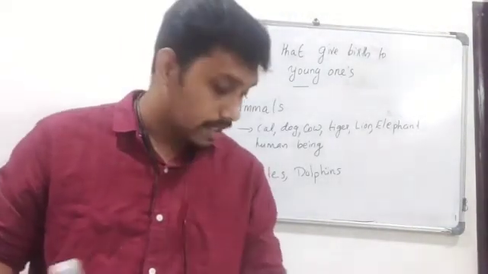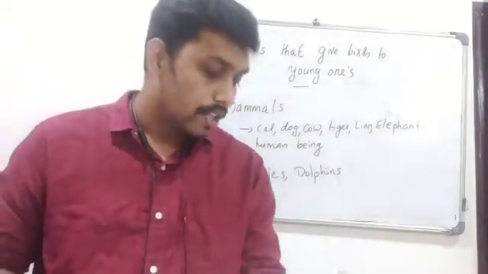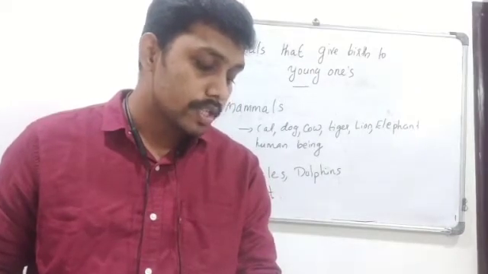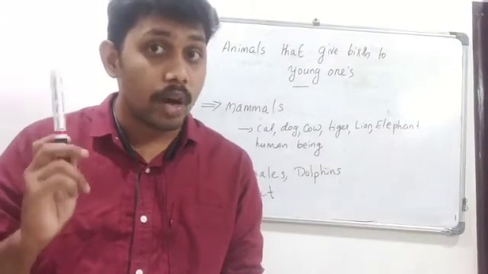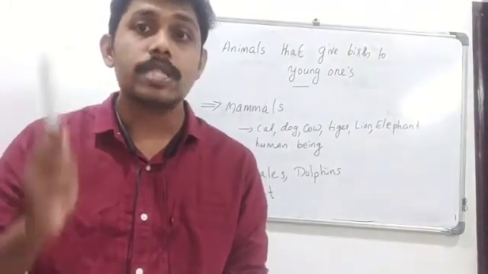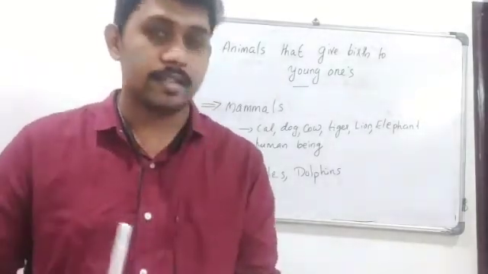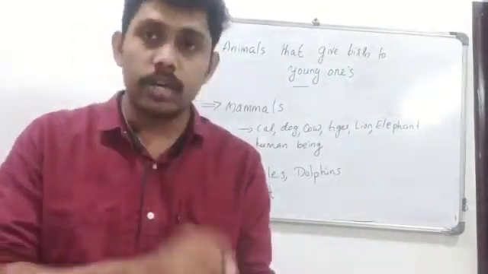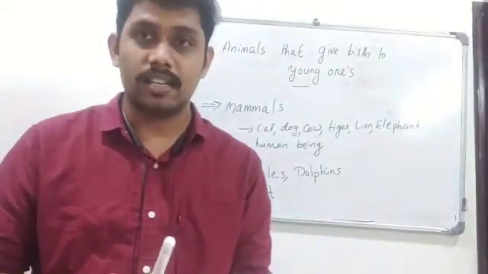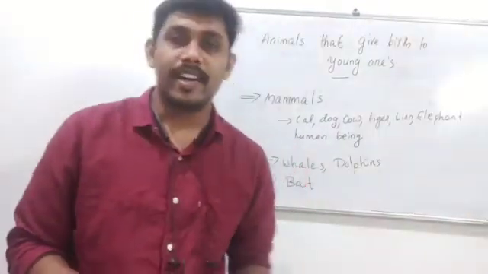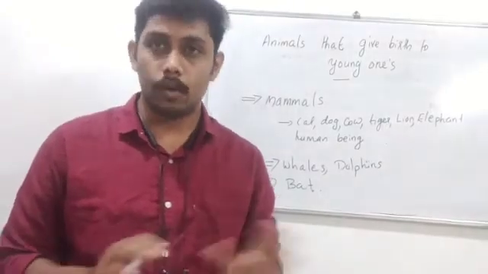The fifth question: mammals produce dash to feed their young ones. They produce milk, so the answer is milk. These two exercises everyone has to write in your textbook. And there is exercise 3, that is, answer the following.